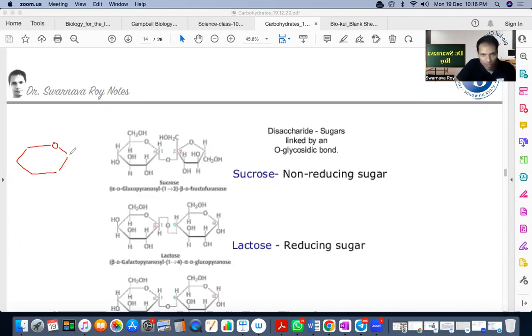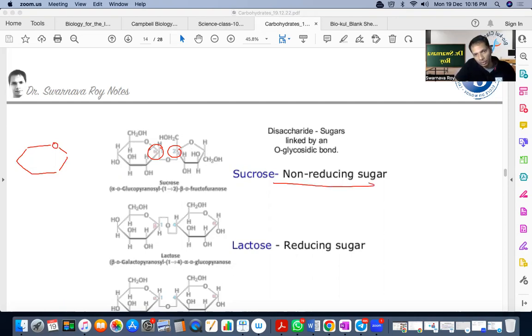You see, the anomeric carbon is bonded with the anomeric carbon of the fructose. So the glucose anomeric carbon and the fructose anomeric carbon are bonded. When I say bonded, it means it's not free. So this cannot react with any other compound. It cannot react with any other molecule. So this is called a non-reducing sugar.